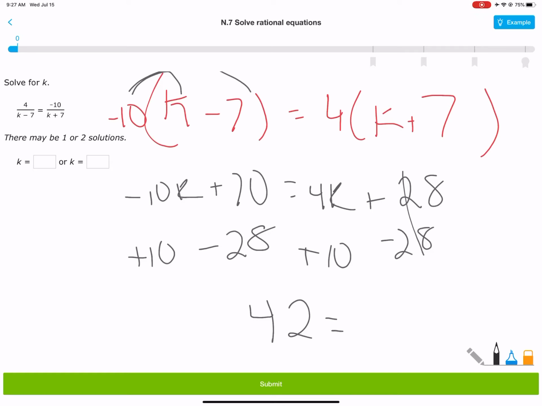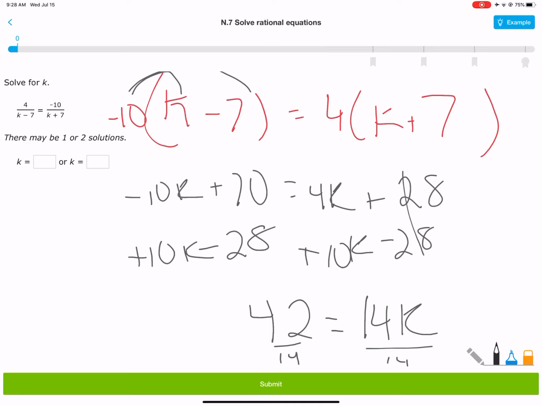And I am left with 14k equals 42. And last but not least, I'm going to divide by 14 on both sides.